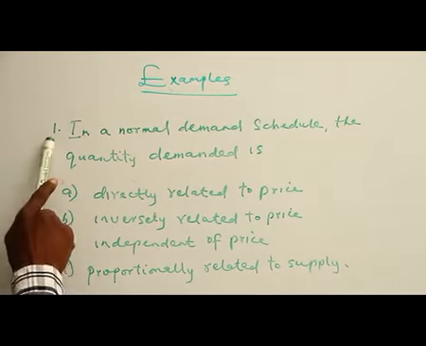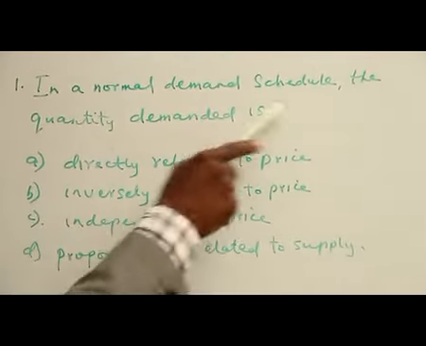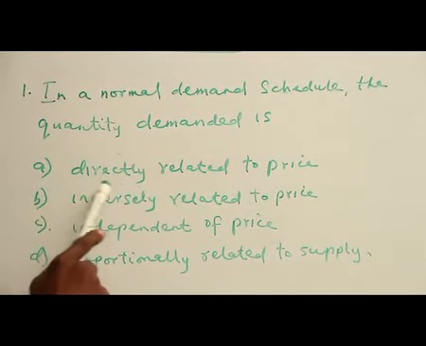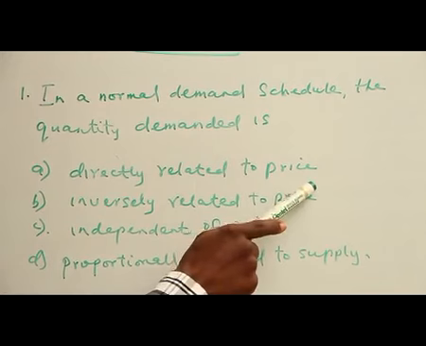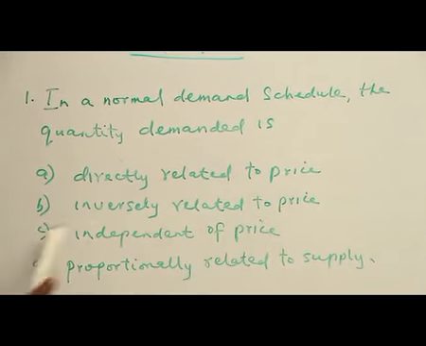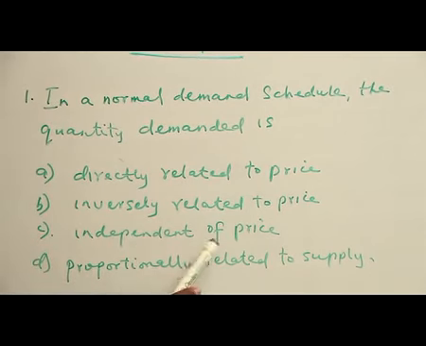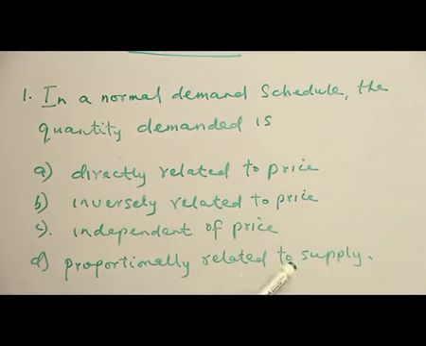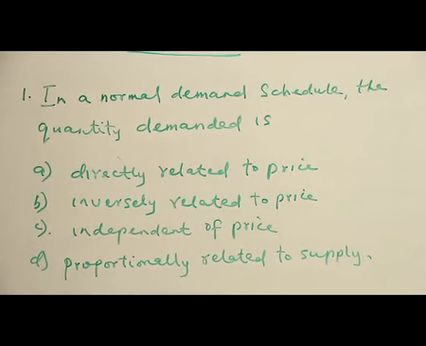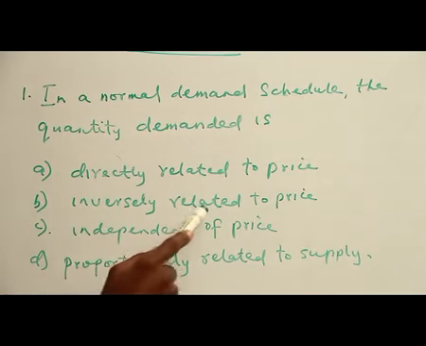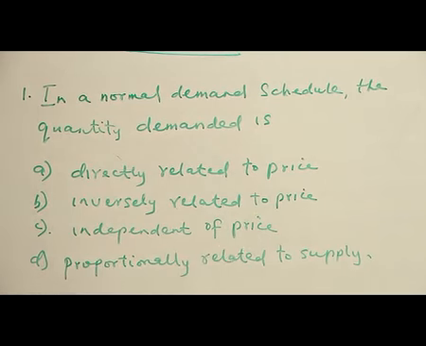Examples. Question 1. In a normal demand schedule, the quantity demanded is A, directly related to price, B, inversely related to price, C, independent of price, D, proportionally related to supply. The right answer is B, inversely related to price.